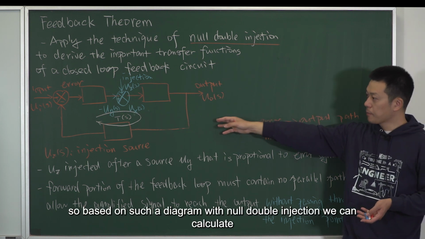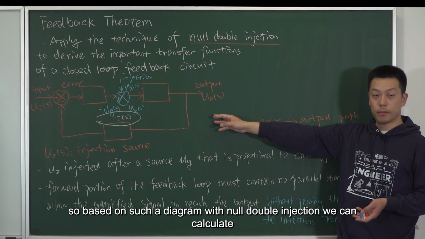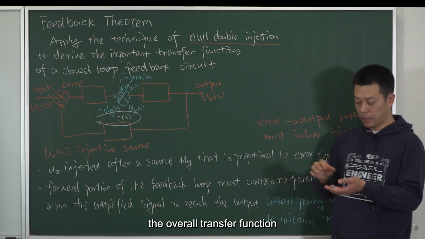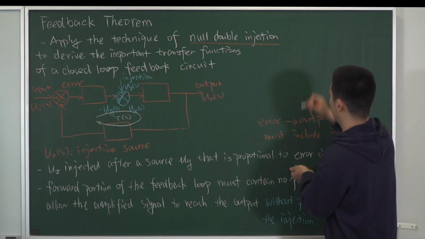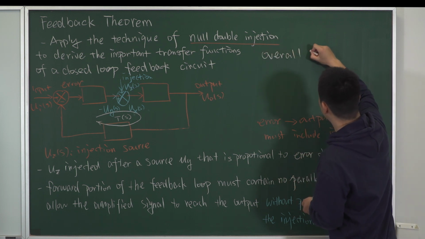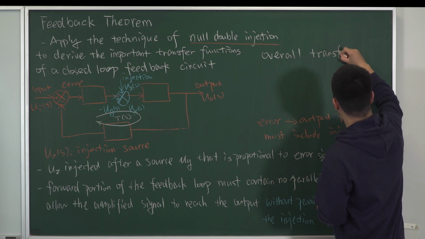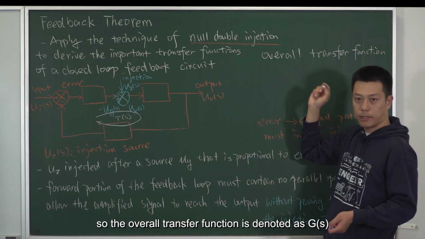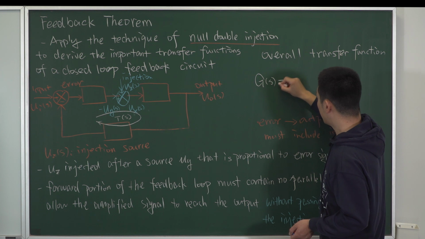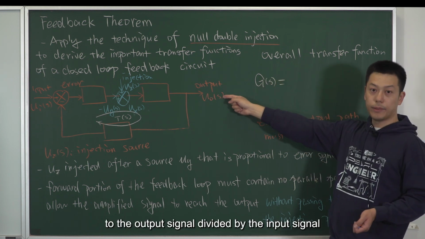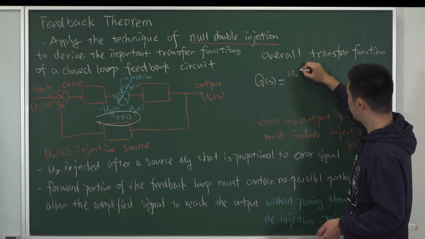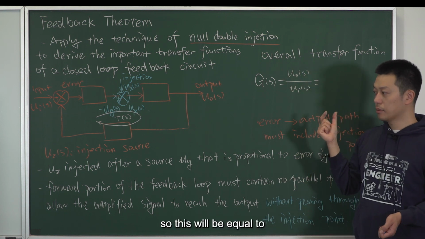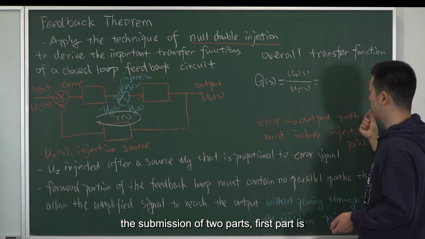Based on such a diagram with null double injection, we can calculate the overall transfer function. The overall transfer function is denoted as GS, and GS will be equal to the output signal divided by the input signal. This will be equal to the summation of two parts.